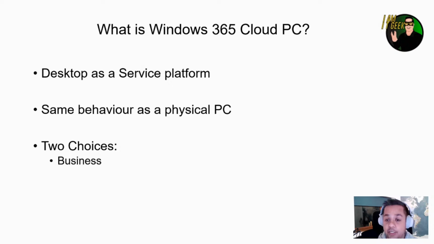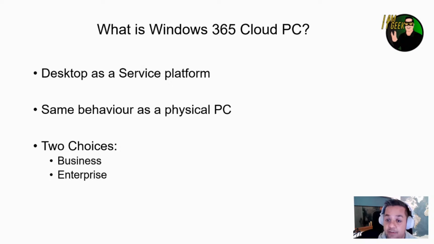Second variation, or second choice, is enterprise. So this is a Cloud PC enterprise version. Now, as I mentioned, with business, you have up to 300 users. With enterprise, it's unlimited. So that's the first difference between those two variations.